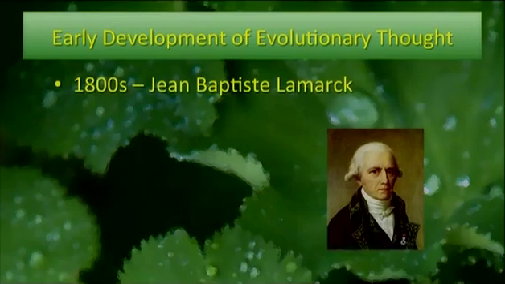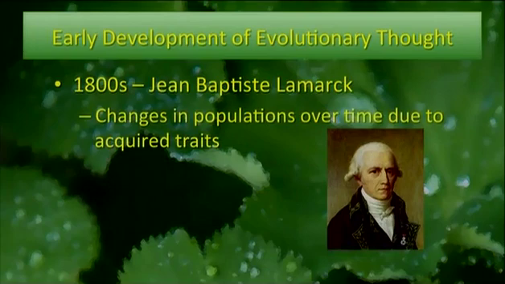And in the 1800s, Jean-Baptiste Lamarck thought that changes in populations happened over time due to the inheritance of acquired traits, like the neck of the giraffe getting longer as it reached for leaves higher in the tree. When it reproduced, it passed on its longer neck to its offspring. So that was changes in population over time due to acquired traits: a giraffe's long neck.